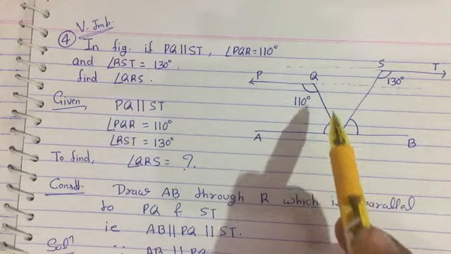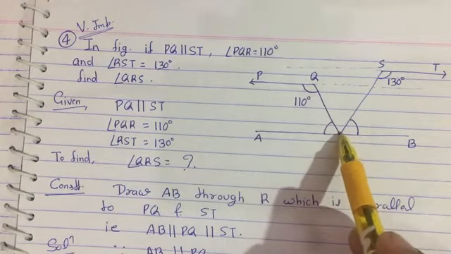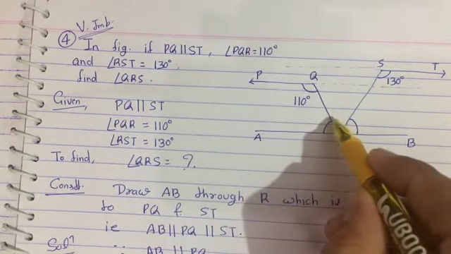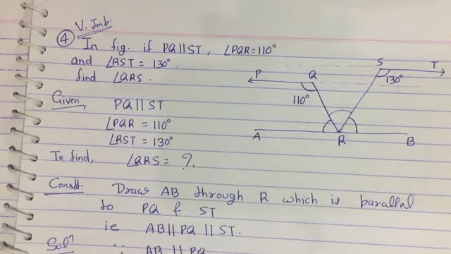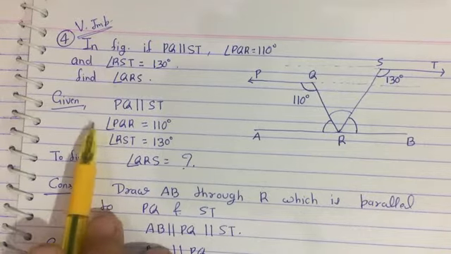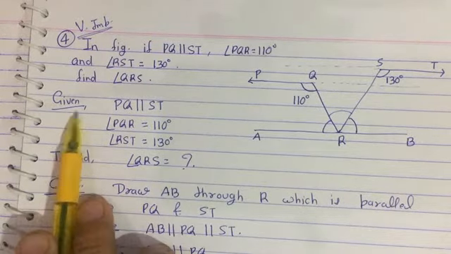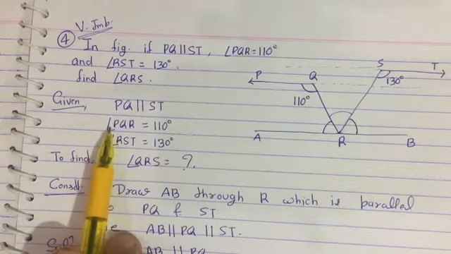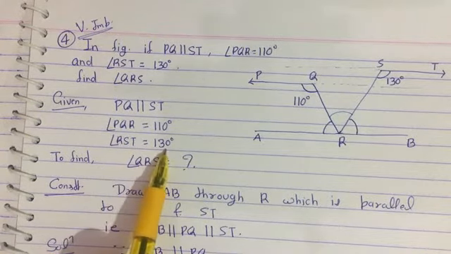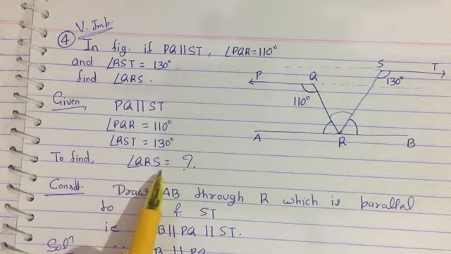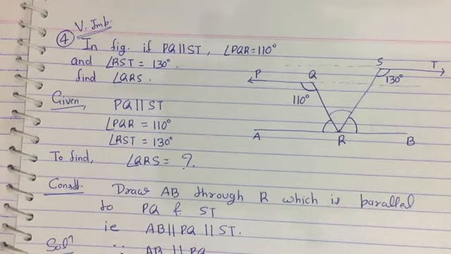We have to find the angle QRS, means this angle. Now list out the given things: PQ parallel to ST, angle PQR 110 degrees, angle RST 130 degrees, and to find angle QRS. Clear? There is a construction.